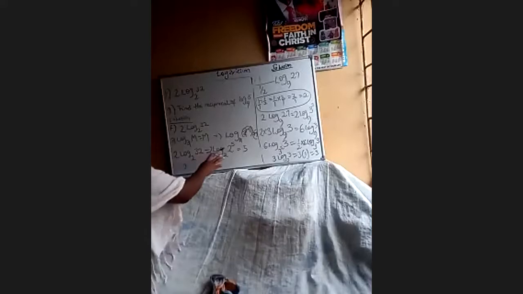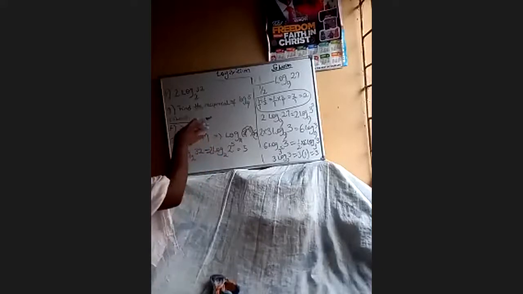Now we have that applying the power rule gives us the logarithm of 2 raised to the power of 5, base 2.